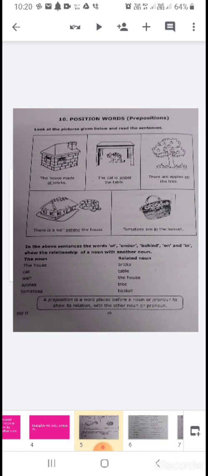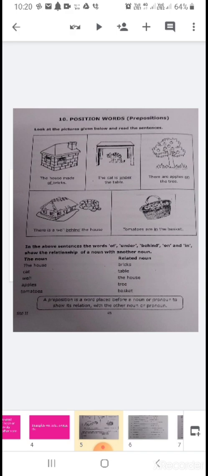There is a house. The house is made of bricks. Here of is a preposition which defines what the house is made of. Next, the cat is under the table. Here under defines the position of the cat.